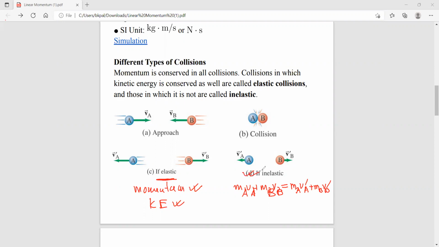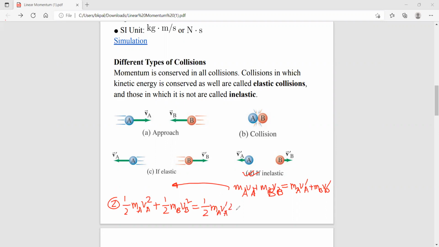For elastic collision, besides this, we have another equation, the conservation of kinetic energy. So here we have two equations. One is this, and the second equation is half m_a v_a squared plus half m_b v_b squared equals half m_a v_a prime squared plus half m_b v_b prime squared.